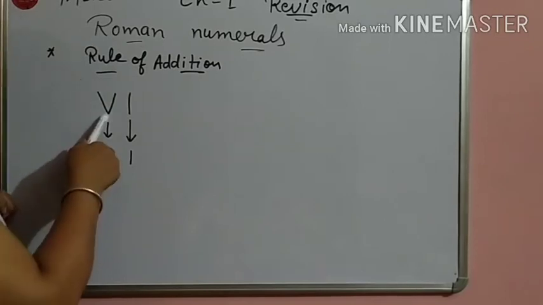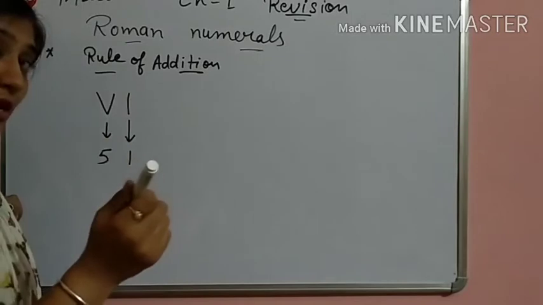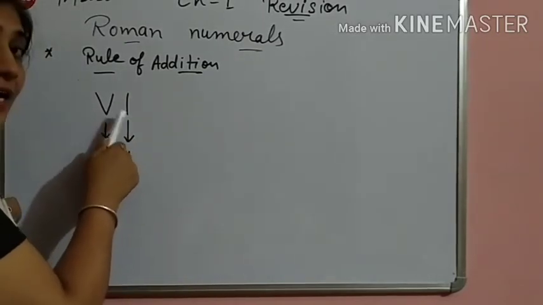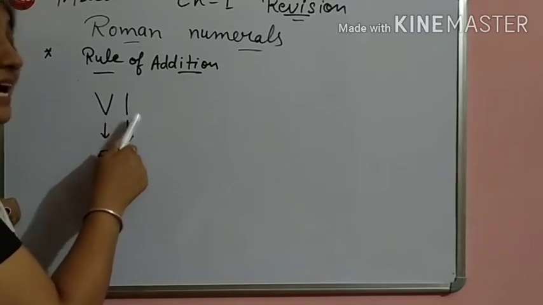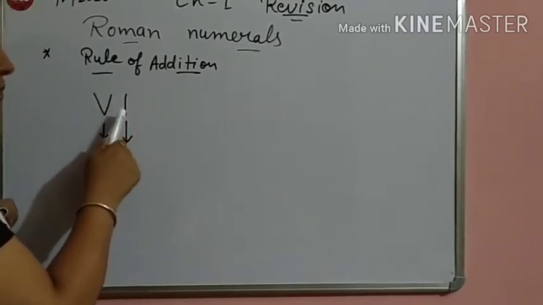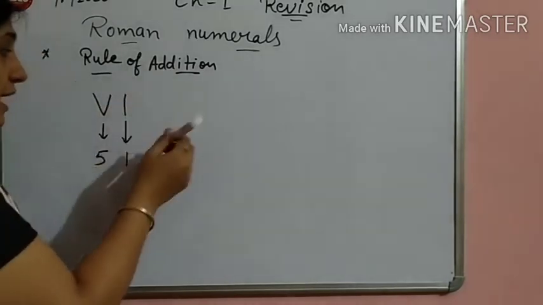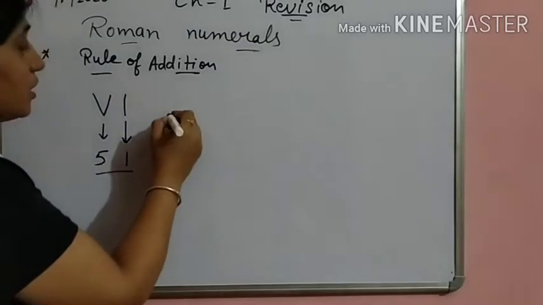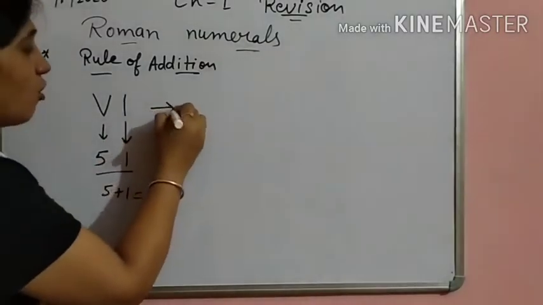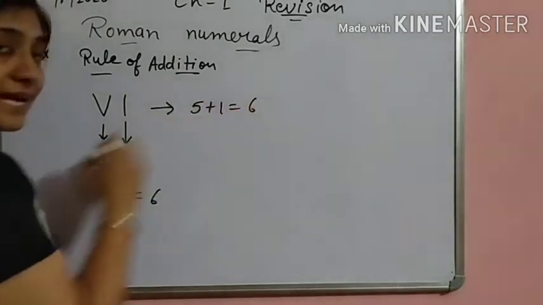V is the higher value symbol and I is the smaller value symbol. The I is placed to the right side of V, so we have to add them. 5 plus 1, 6. So the value of VI is 6.